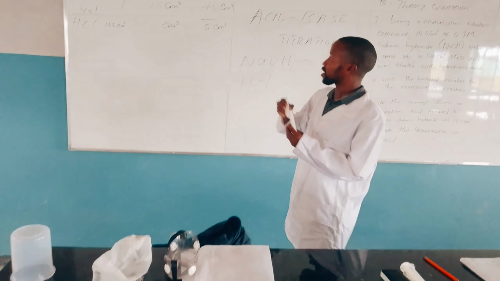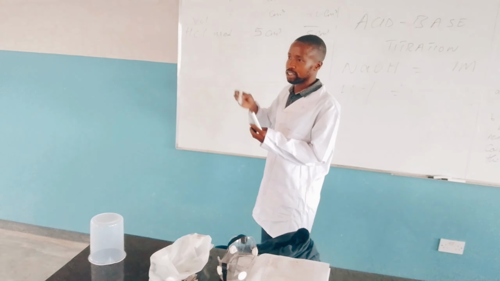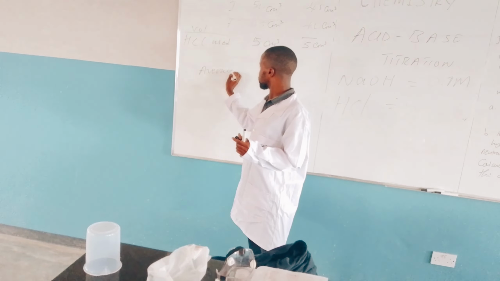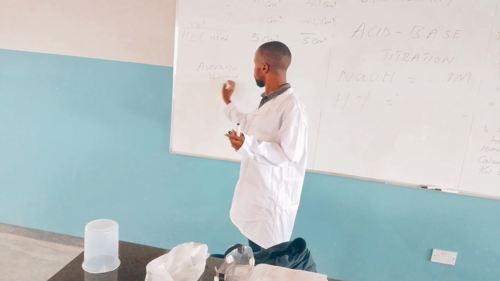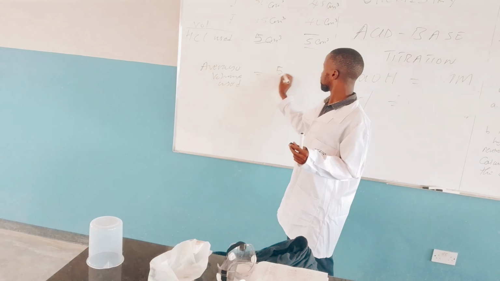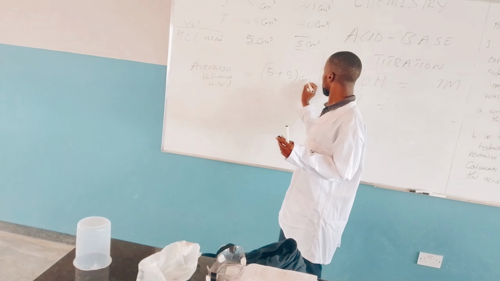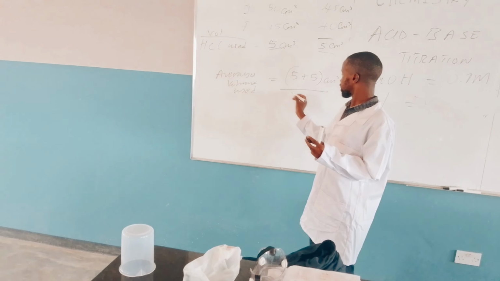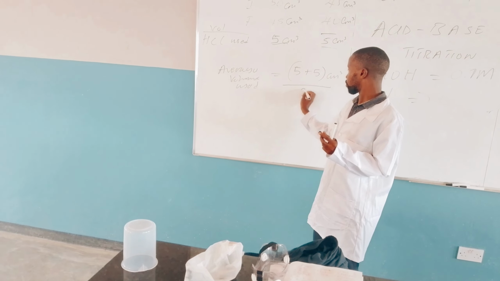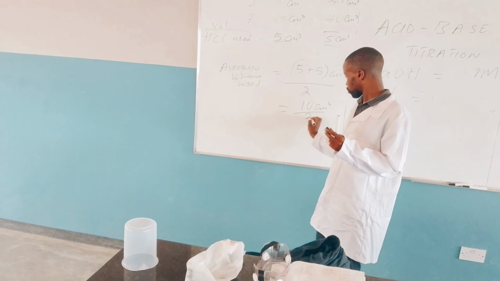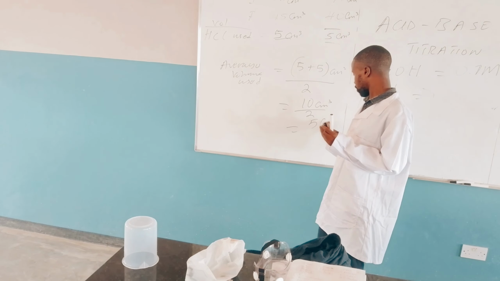Our next step is to find the average volume used: 5 plus 5 gives us 10, divided by 2, which is 5 cubic centimeters.